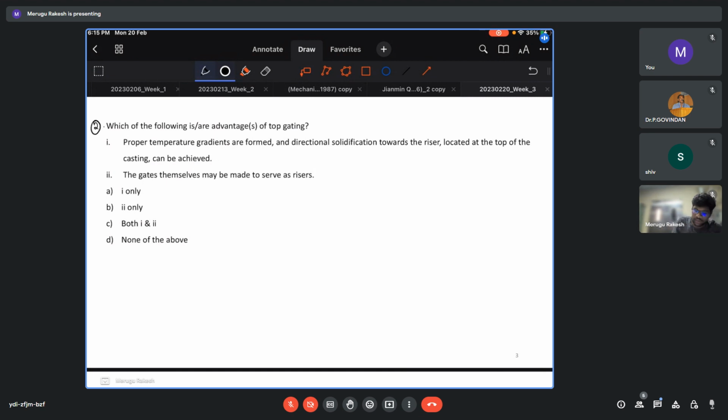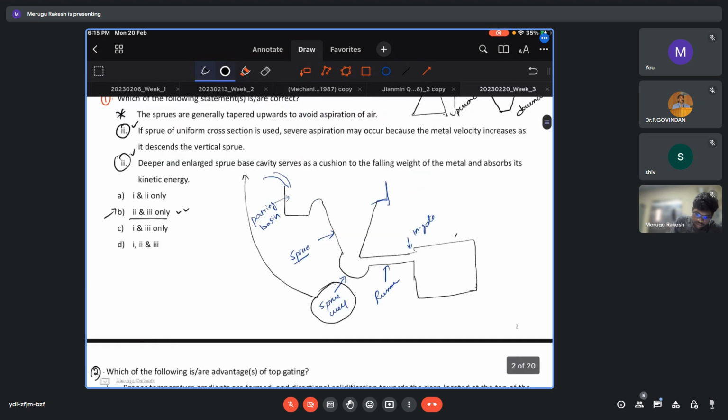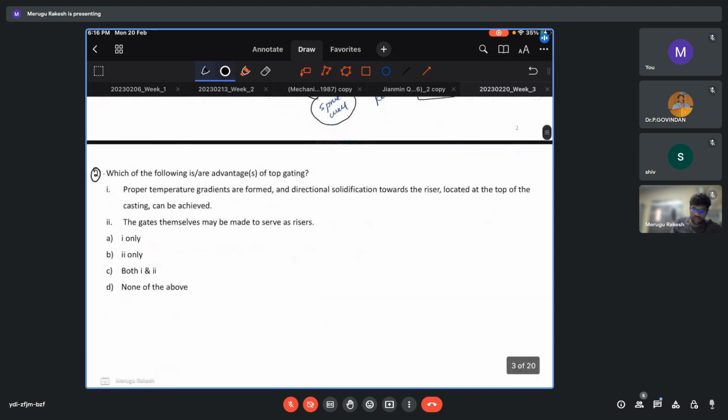If you remember the top gating, whatever I drew here is the top gate. Now you can read. I will modify the figure a bit like this.